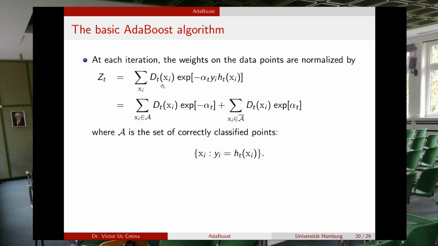Okay, so that's the definition of the normalization factor, this Z factor. Now, we can divide this expression in two parts.